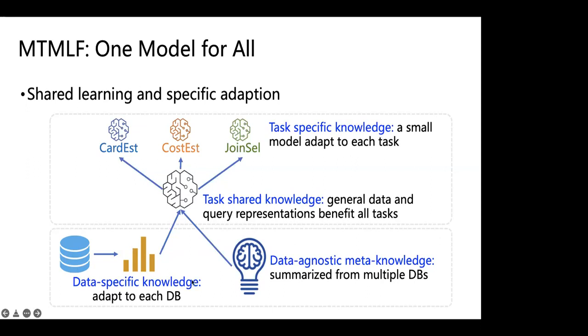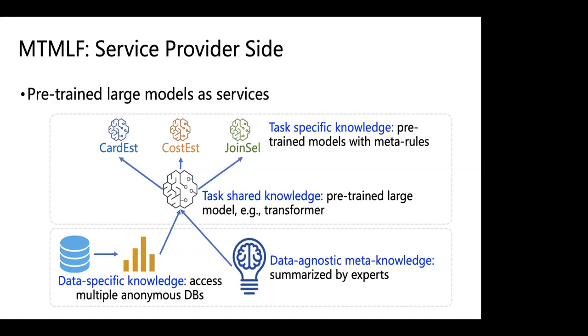On the data level, for data-specific knowledge adapting to each DB, we can fine-tune a large pre-trained model. For the data-agnostic meta knowledge, we can summarize it from multiple DBs and store it in a pre-trained model. In our MTMLF framework, we have a service provider side and a user side.